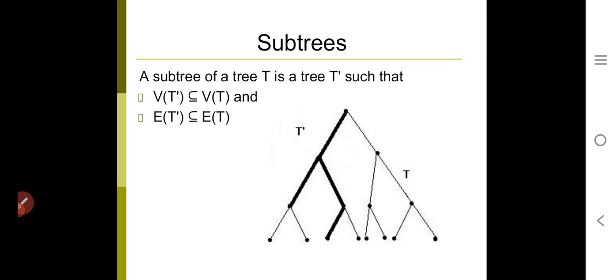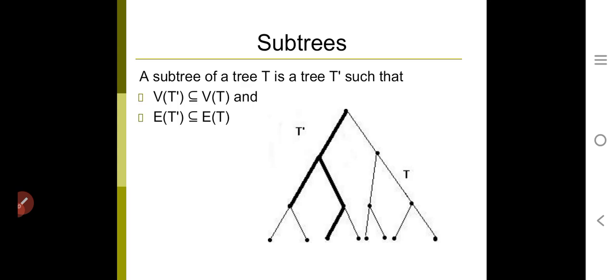Then we start subtree. So what is a subgraph? A subgraph contains a number of vertices that are also in the main graph. Likewise, a subtree is a tree whose vertices are in both the subtree and the main tree.